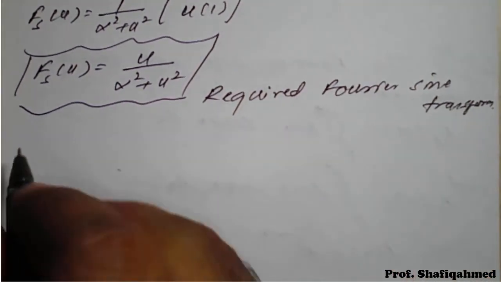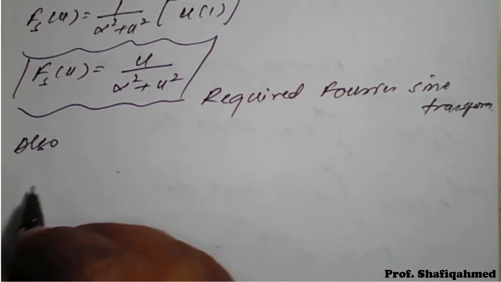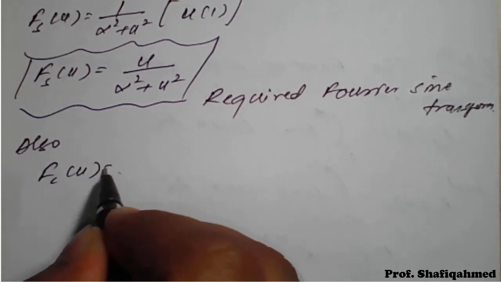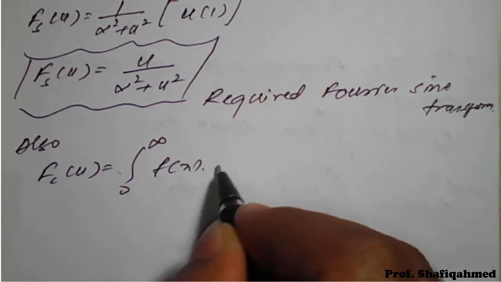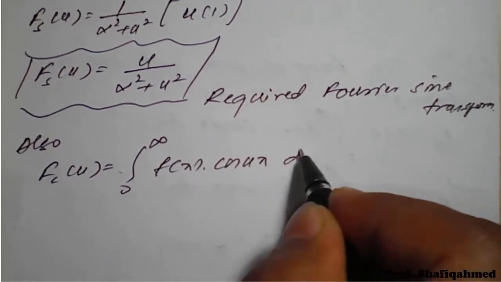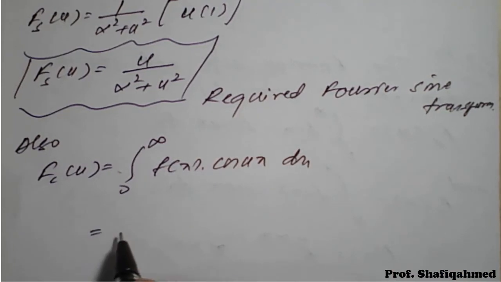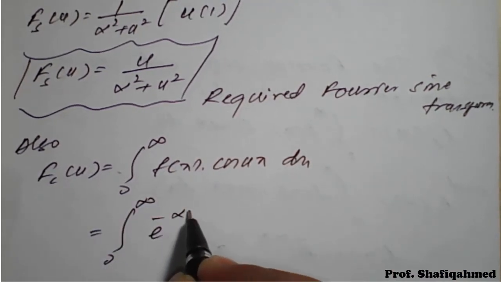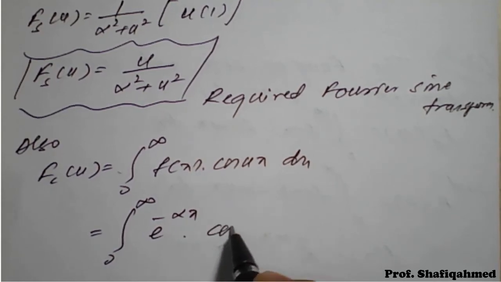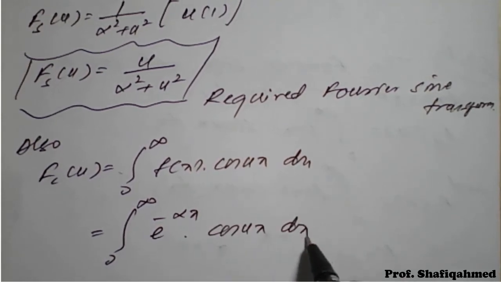Now we also need to find the cosine transform. So fc of u is nothing but 0 to infinity f of x into cos of ux dx. As we know, our function f of x is e raised to minus alpha x into cos of ux dx.